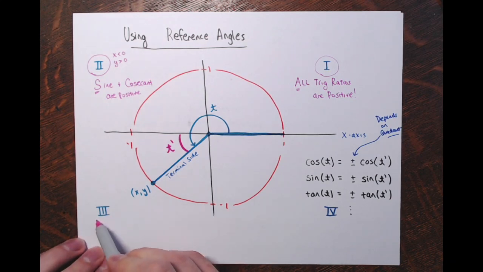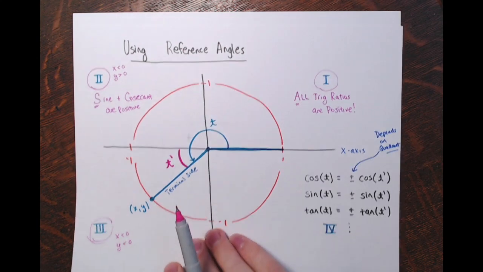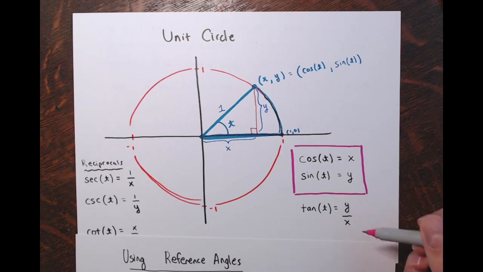Quadrant 3, you have negative x coordinates, negative y coordinates. Alright. So if x coordinates are negative, that means the cosine's negative, secant's negative. Y coordinates are negative, so the sine is negative, and cosecant is negative. But remember, when you do tangent, you're dividing the y coordinate and x coordinate.